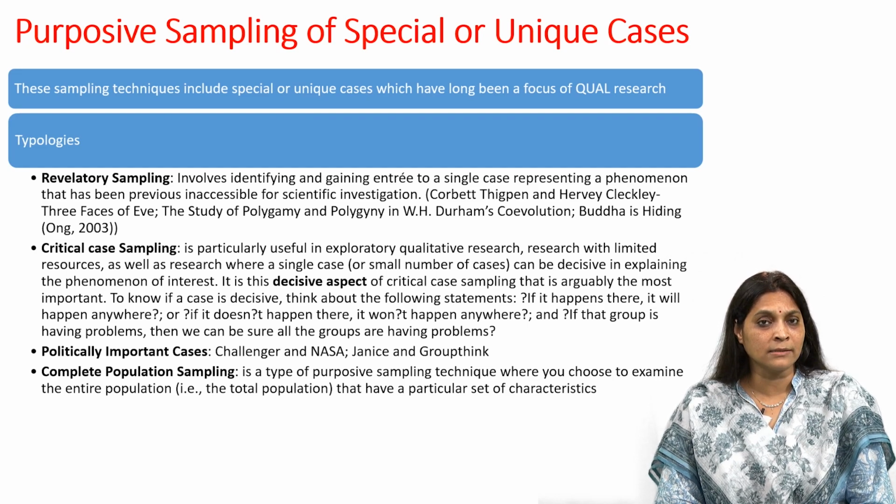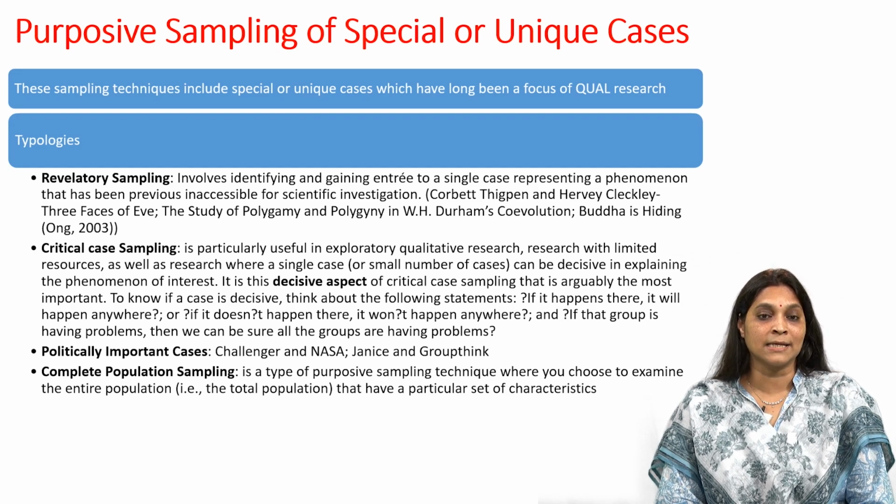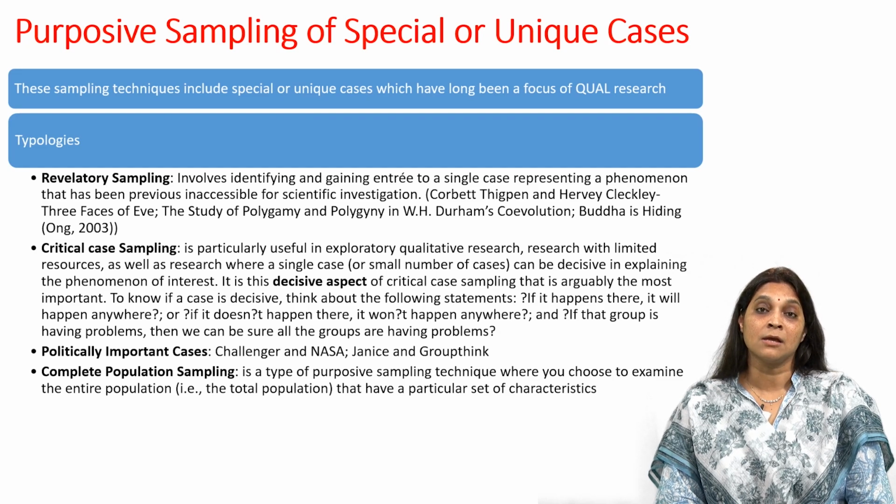Revelation is an insight that you may not have gained before. So what is the meaning of revelatory sampling? It involves identifying and gaining entry to a single case representing a phenomenon that has previously been inaccessible for scientific investigation. That means it is something that you understand for the first time in doing research.